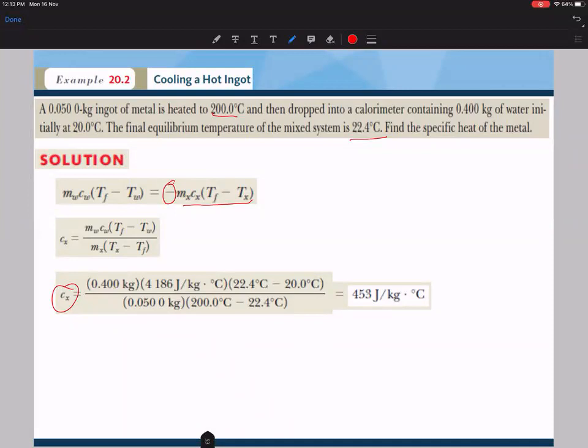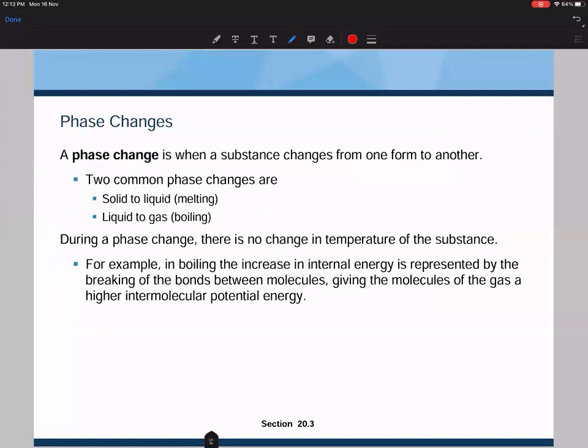This process, which we call the phase change, actually involves energy as well. When a substance changes from solid into liquid or from liquid into gas, these are phase changes of a system. And during the phase change, a very important property is that no temperature change occurs.